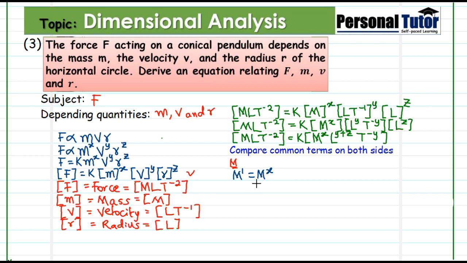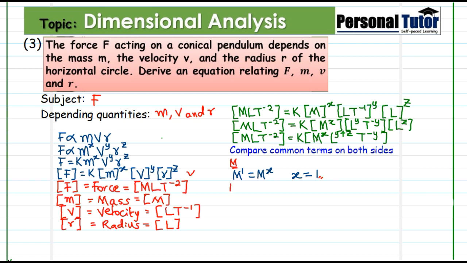That will mean I can confidently say that 1 is equal to x on the criteria that the bases are the same. So I can simply say x is equal to 1 in this context.